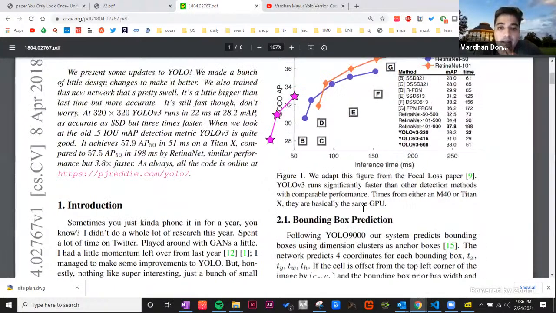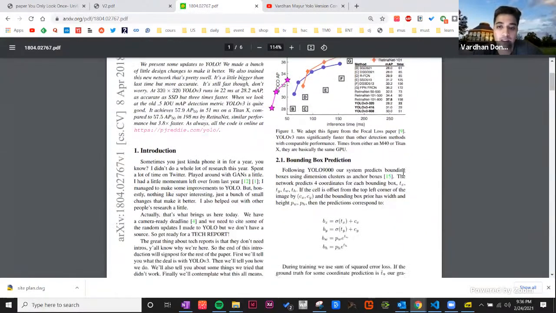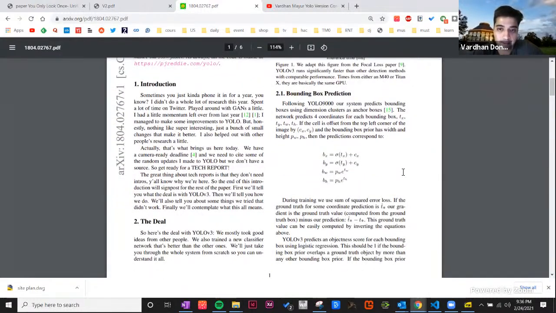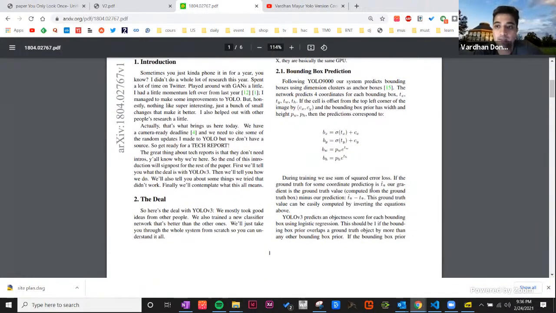We discussed that the difference between V2 and V3 is basically the backbone. Now you have this larger network with 53 convolutional layers, and this has made it much better at identifying small images. That's what they suggest.